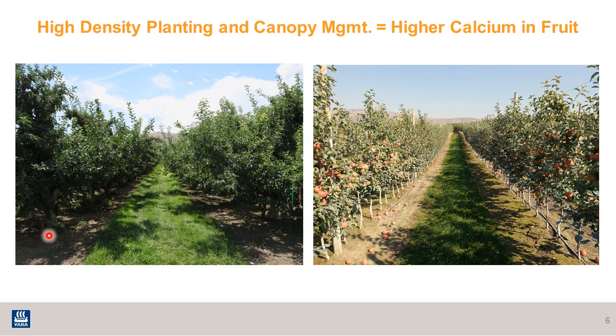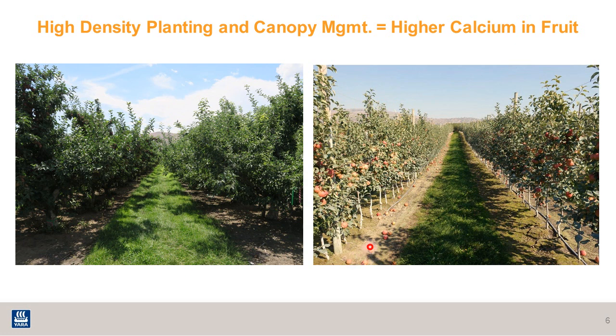In the low density planting, you may have 300, 400, maybe 500 trees per acre, compared to the newer high density planting where you may have 900, 1,000, or even more. I've seen as much as 2,000 to 3,000 plants per acre with this high density planting.